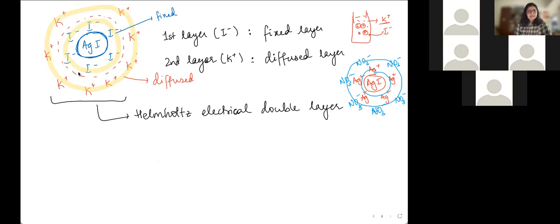So one last thing related to charge. Now, whenever you have a difference in charge, here there is a positive charge, and inside a negative charge, what does that end up in? So instead of difference, let me say whenever you have a charge separation. So there's separation of charges between the fixed and diffused layers.